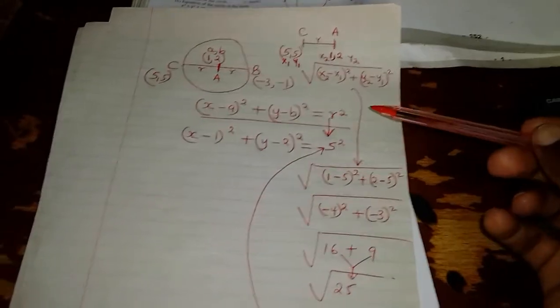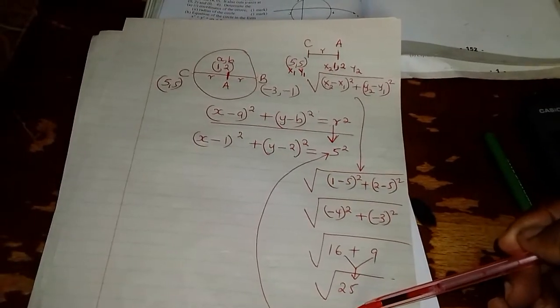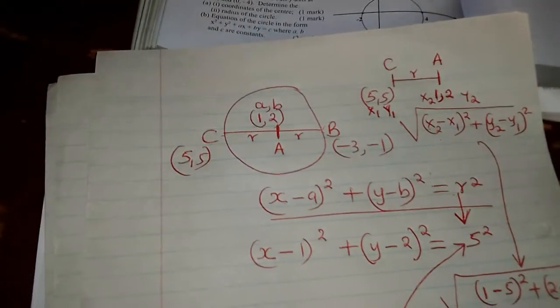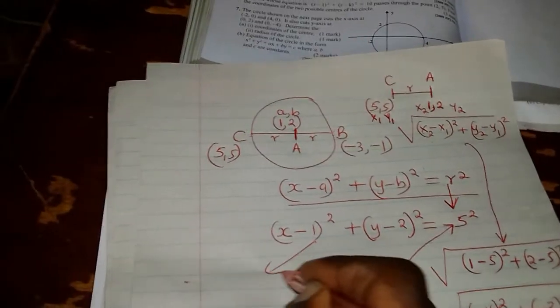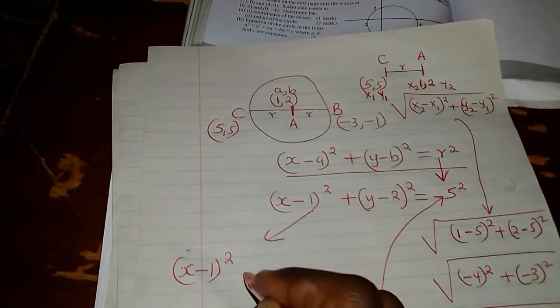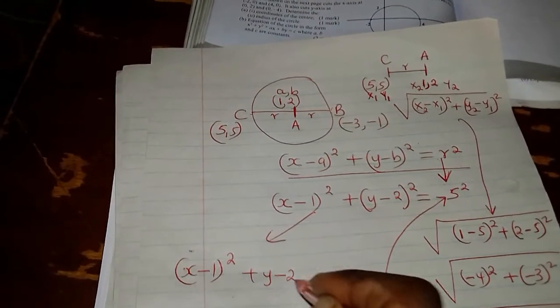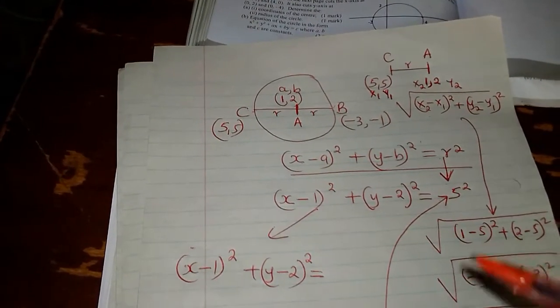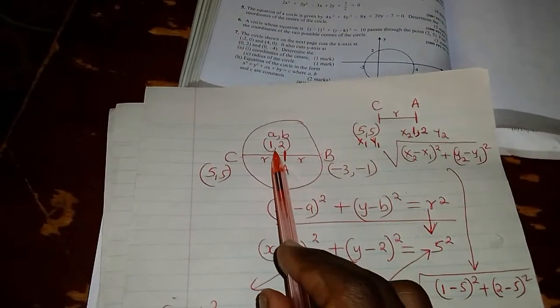If you are so bothered about this first method, don't even waste a lot of time. Just come here and say, take this here. You can just say x minus 1 squared plus y minus 2 squared is equal to, don't waste time. Just say the coordinates of the center of the circle are 1, 2.